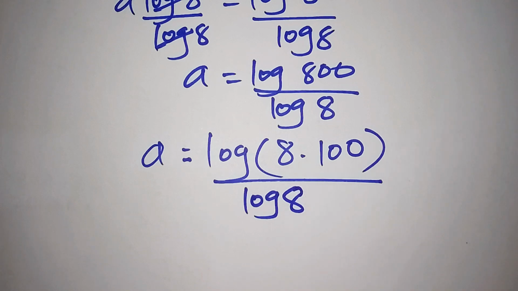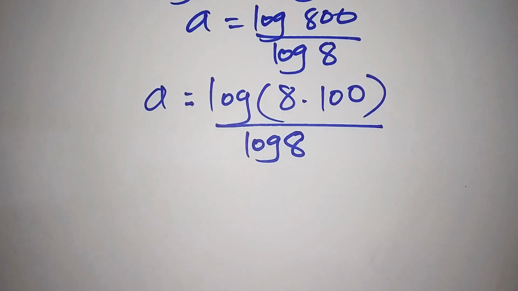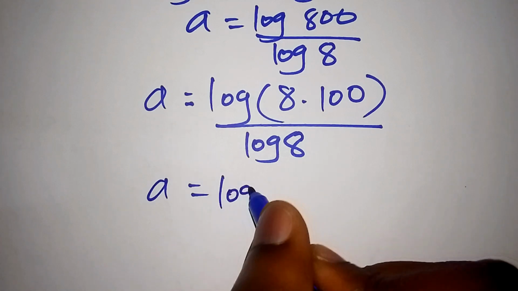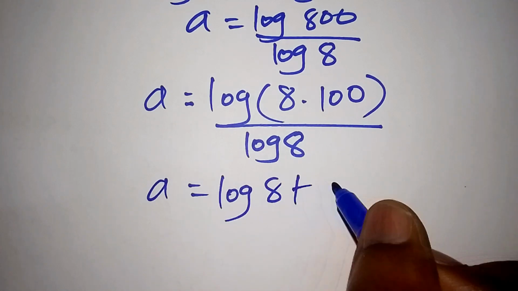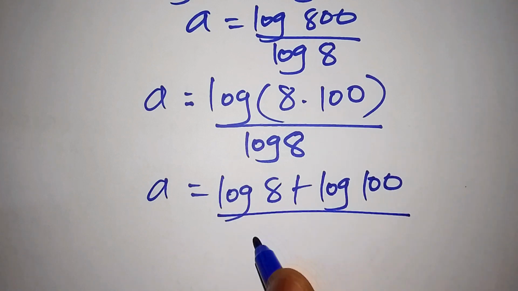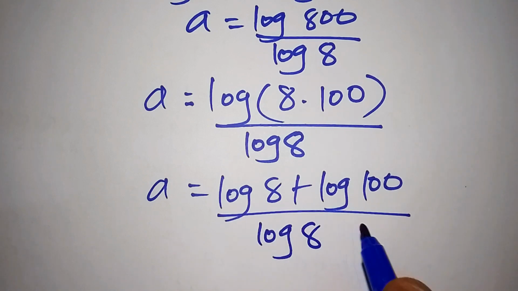So let's now split the equation by opening the bracket. When you open the bracket, we shall introduce an addition sign. So here now we shall have a is equal to the log of 8 plus the log of 100 all over the log of 8.